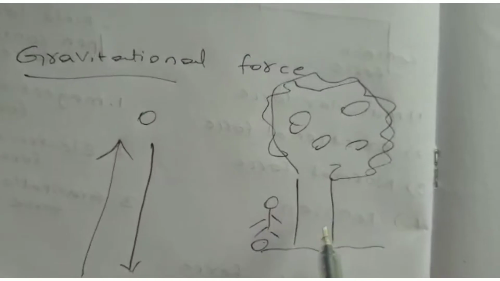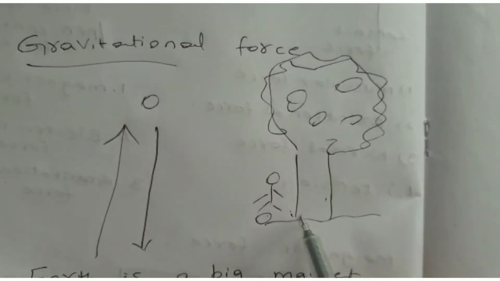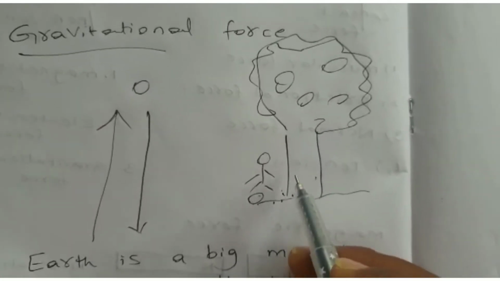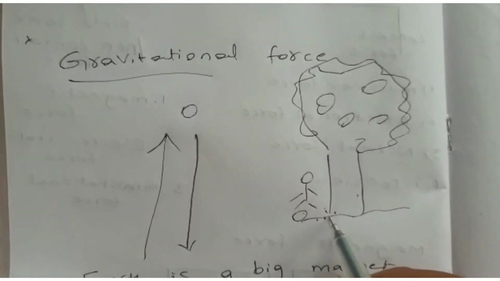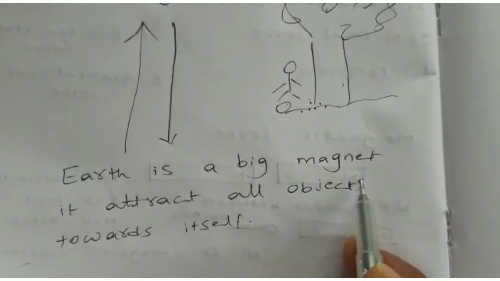Next one is gravitational force. This force was discovered by Newton. When Newton sat under a tree, an apple fell down. He observed why it fell down, and when he threw it upward, again it came to the earth. Finally he concluded that all things are attracted towards the earth. That means the earth is like a big magnet.